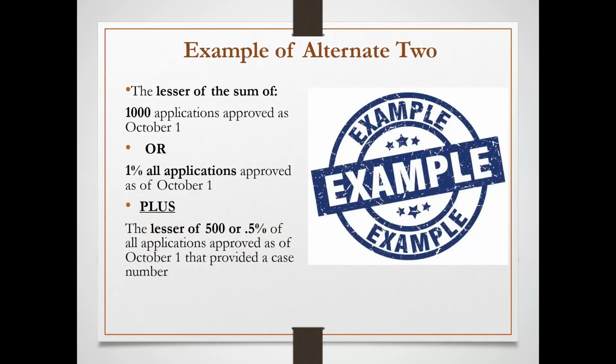You're going to take that number and add it to the lesser of 500, or 0.5% of all applications approved as of October 1st that provided a case number. I'm sure you didn't realize that this was going to be so math intensive, but we just have to make sure we get the calculations right so that we verify the correct number of applications.